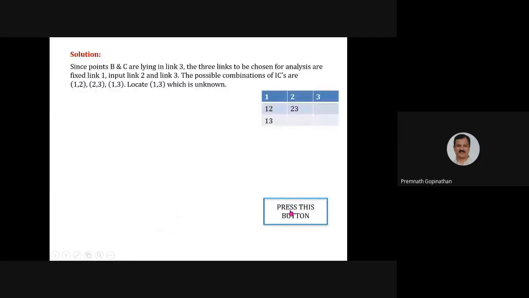Now coming to that figure, you can see where 1 2 is lying. 1 2 is actually the common point between link 1 and link 2, that is positioned at O2 itself. And the other instantaneous center, that is 2 3, which is known to us, is quite easy for you to identify. That is a common point between link 2 and link 3, and that is the point A, which you can see as a joint.